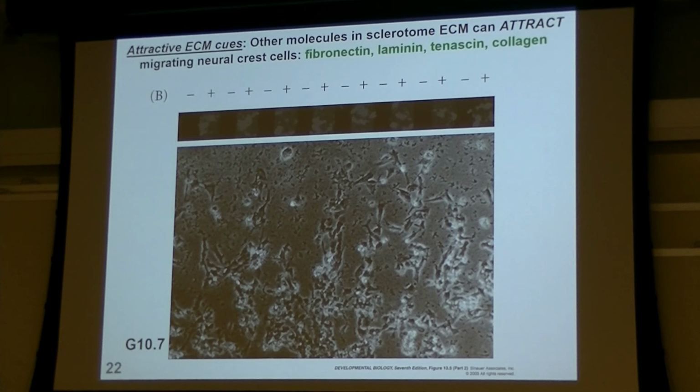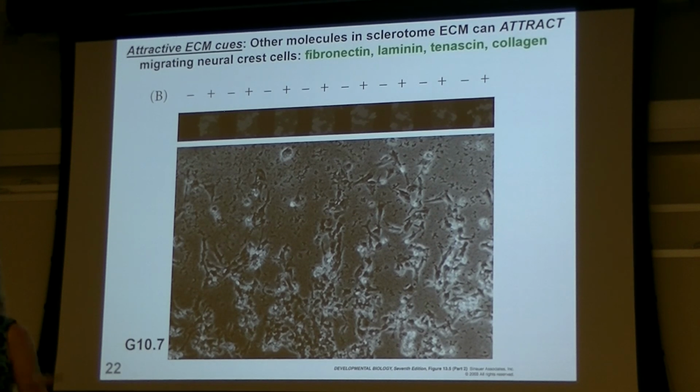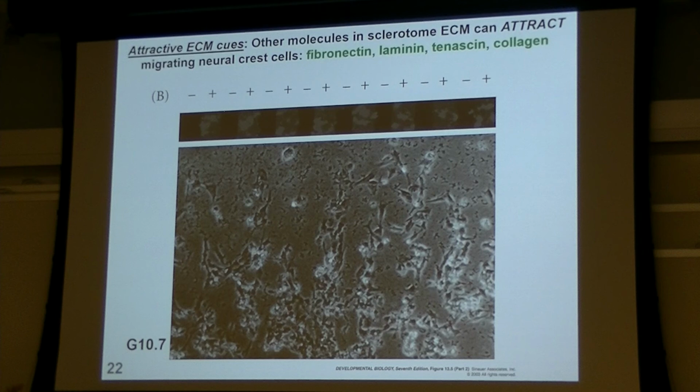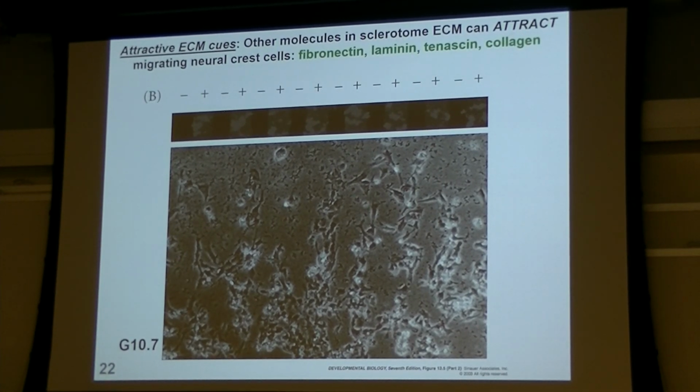So these are all great big molecules that are found outside of the plasma membrane in the extracellular matrix that cells are creating. And these are things that the neural crest cells might actually encounter as they're trying to migrate their way through this mass of sclerotome cells. So positive cues and negative cues kind of make sense.